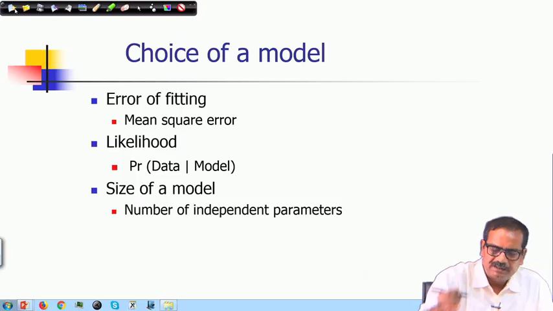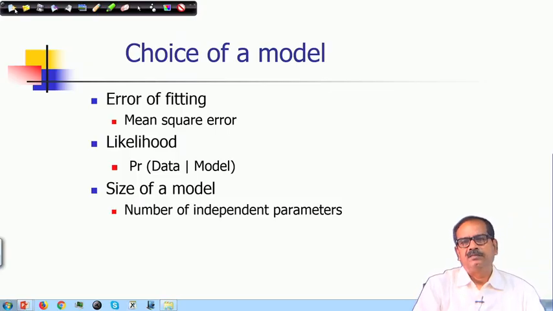So, the question is what should be the form of a model when, as I mentioned, you are not sure about the precise structure of the model, as we did in the previous cases of determining the homography matrix, fundamental matrix or projective matrix.